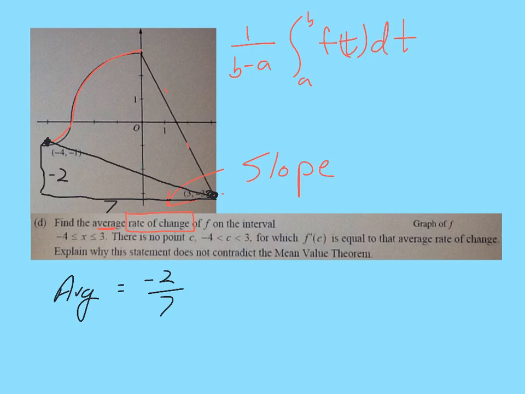Now the other part of this says there is no point c for which f prime of c, which is really what we found here, we found f prime, the slope, is equal to the average rate of change. Explain why this statement does not contradict the mean value theorem.